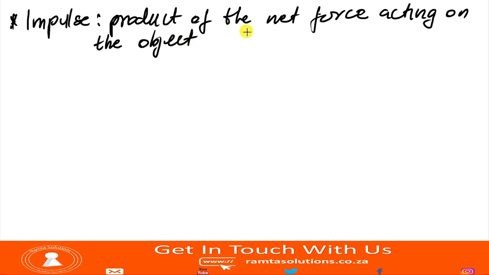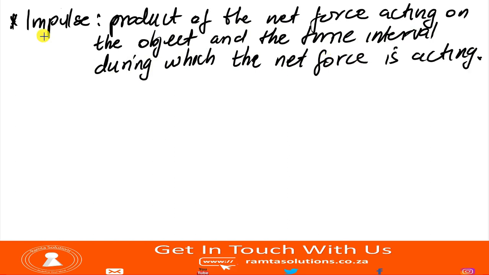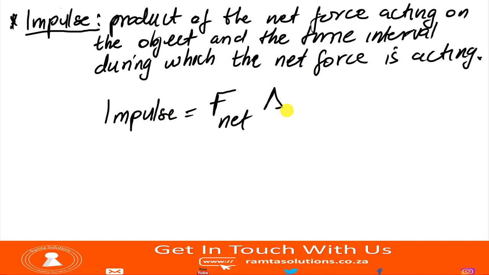Impulse is the product of the net force acting on the object and the time interval during which the net force is acting. So that is impulse, F net delta T.